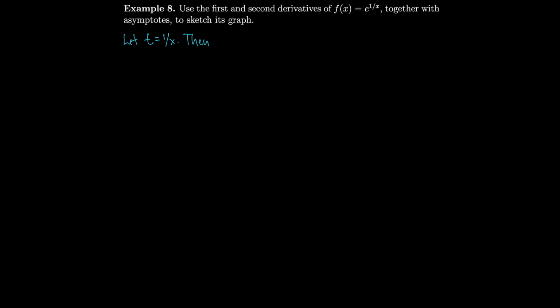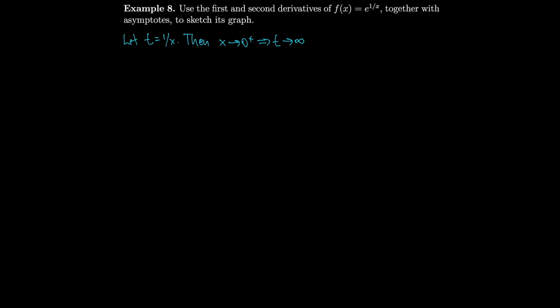Well then, let's look at what happens as x goes to 0 from the right, because that's the potential problem here, where this is going to be undefined and we're going to have an asymptote. So as x goes to 0 from the right, t goes to infinity. Remember that as x goes to 0 from the right, we get a really tiny positive number in the denominator. Dividing by a really tiny positive number gives a really big number.